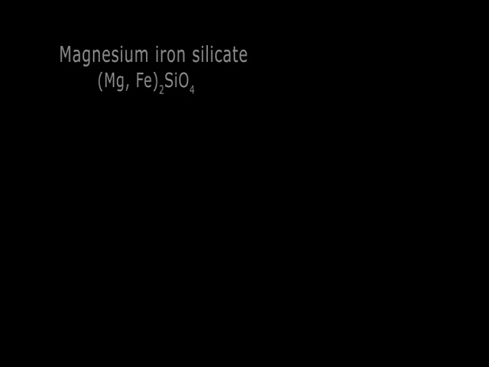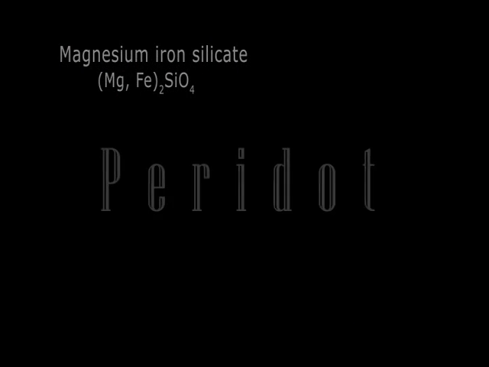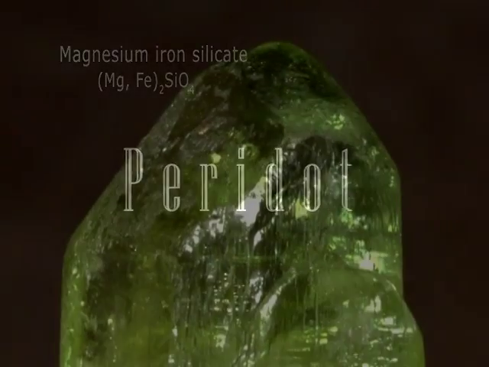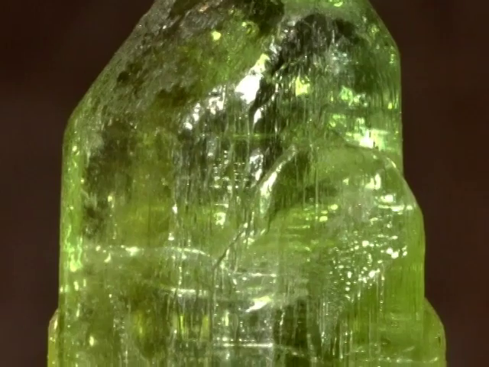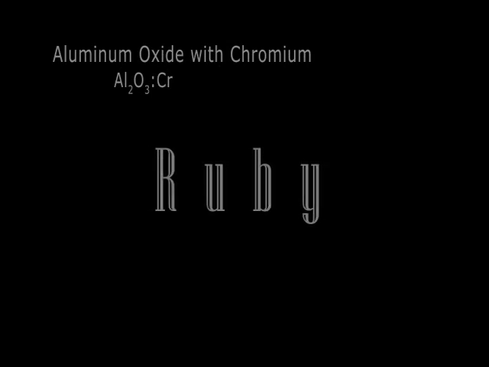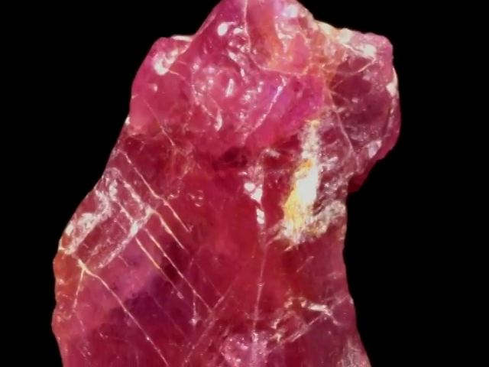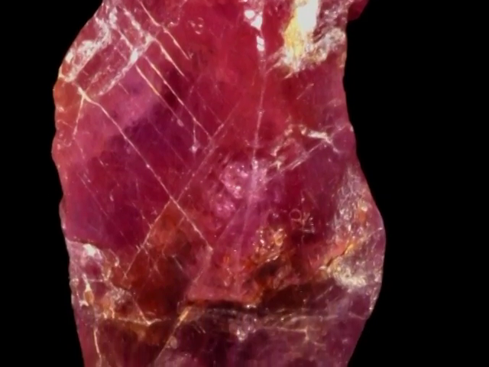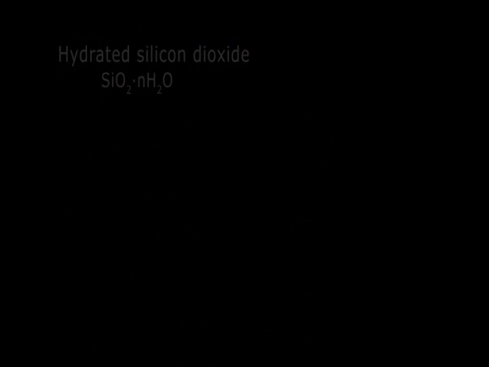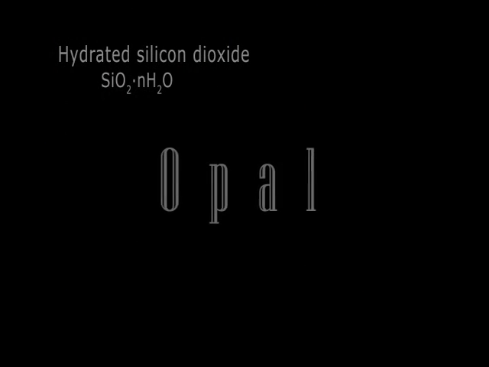Magnesium iron silicate, known as peridot. Aluminum oxide with chromium, commonly called ruby. Hydrated silicon dioxide, opal.